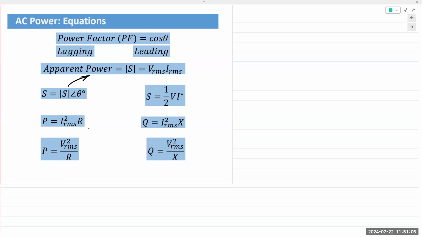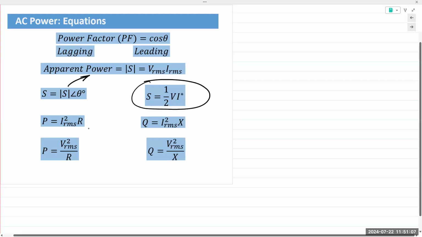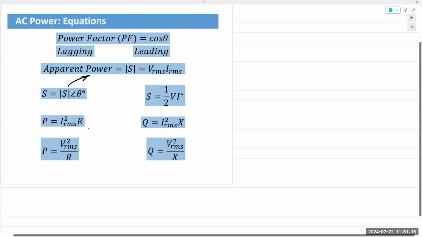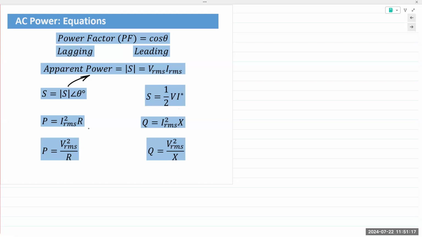It is also given by this equation, which is half V I asterisk. It's a product of voltage and current, but because of complex numbers, the equation comes out to be half V I asterisk. I will explain what that asterisk stands for. But before I do that, I want to go over the other equations.